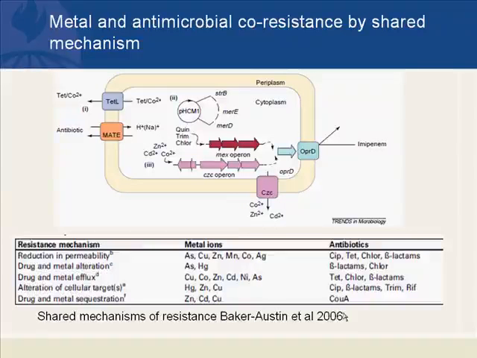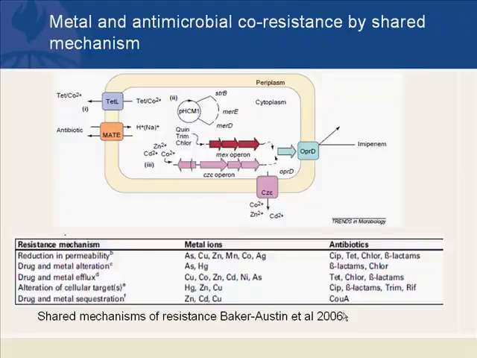And thus, when you have exposure to a metal, be it copper, zinc, arsenic, I think silver as well, from what Anne mentioned yesterday, and mercury, you engage these efflux pumps, which at the same time can pump out a range of antibiotics. So that's a shared mechanism. For the purposes of metals, it's an important mechanism. For the purposes of antibiotics, it results in a fairly low or mid-level range of resistance.